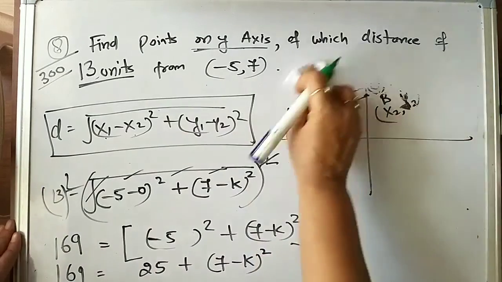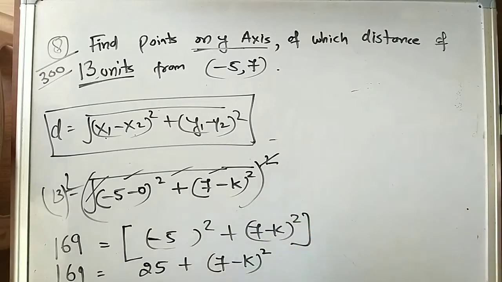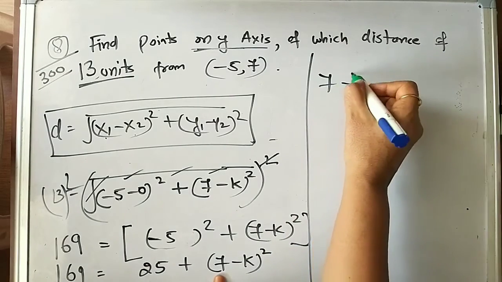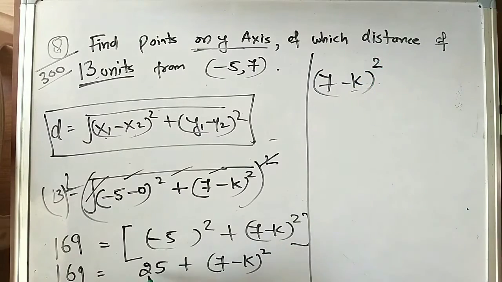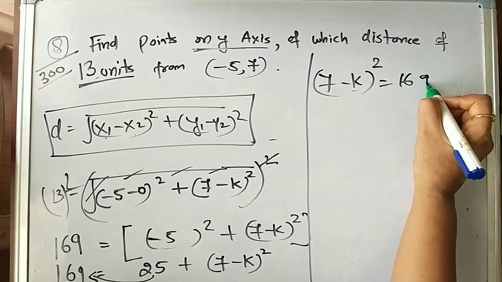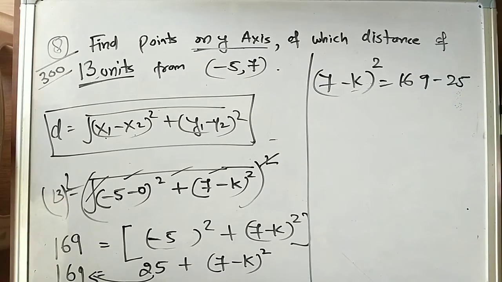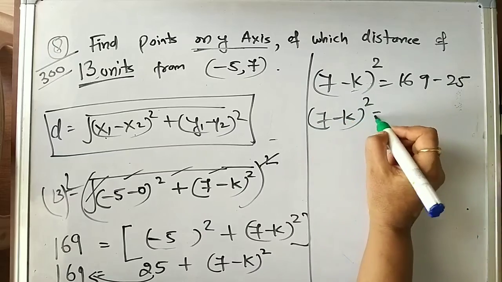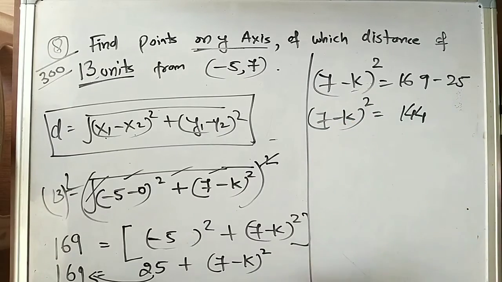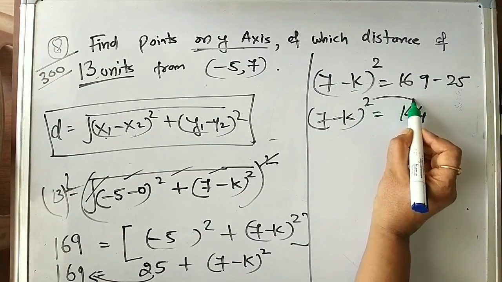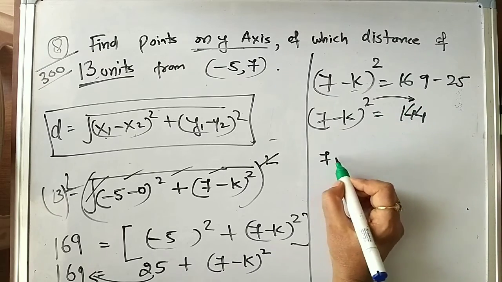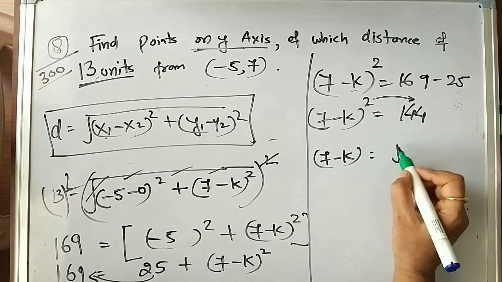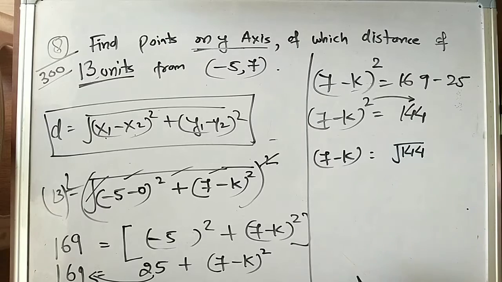Let me keep 7 minus k square here, and 25 I can send to the other side. So it will be 169 minus 25, which is 144. And this square goes to the other side, it becomes under root. So 7 minus k will be under root 144.